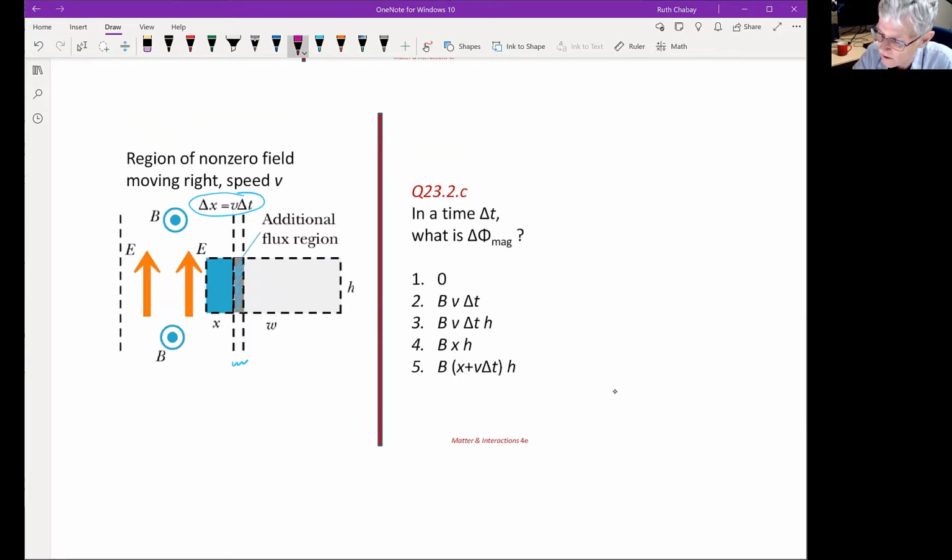Okay, so we want the additional flux in this little gray shaded piece. Is it clear what we're asking? Okay, so there's a discrimination to make in this question here. Notice that we're asking for the delta phi magnetic, not the new flux, but the change in flux since the last time.